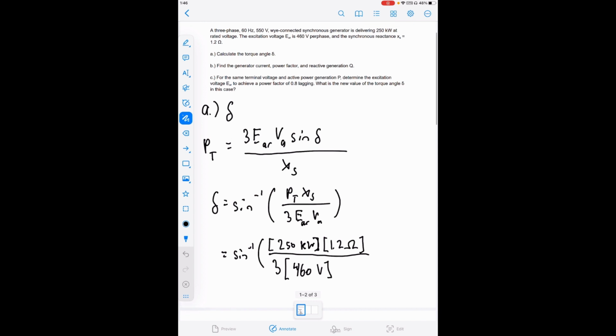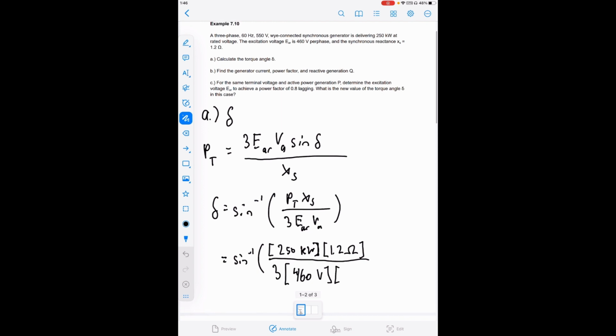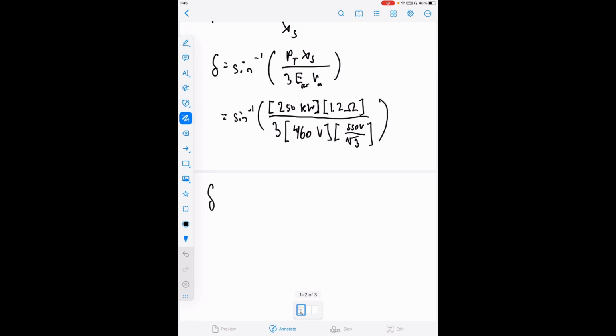And then the per phase voltage is going to be equal to 550 volts divided by square root of 3, just like how we would in three-phase power. And then if you plug that into your calculator, we should get 43.205 degrees for the torque angle.